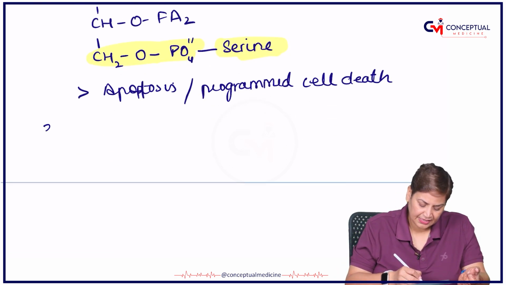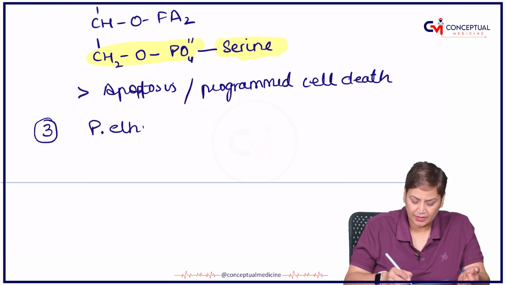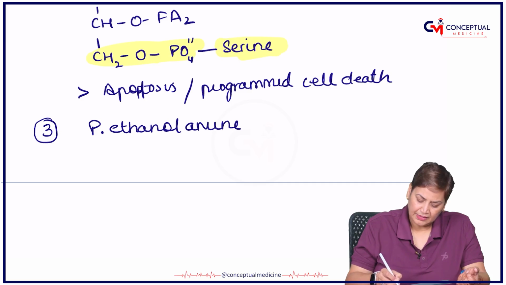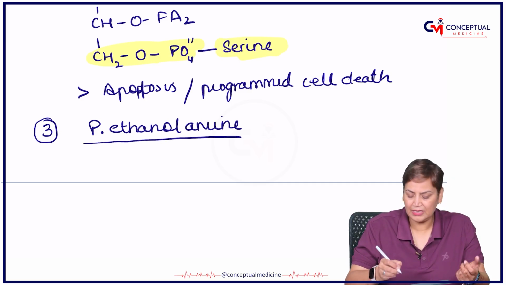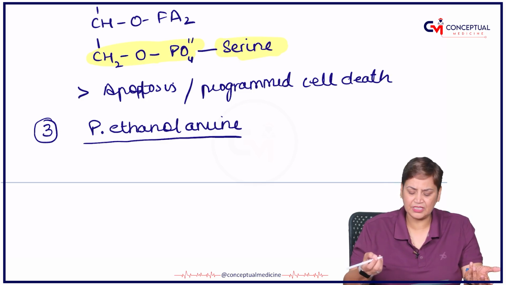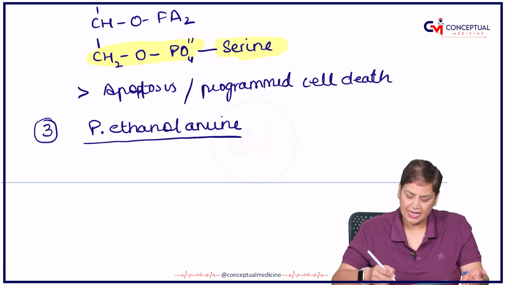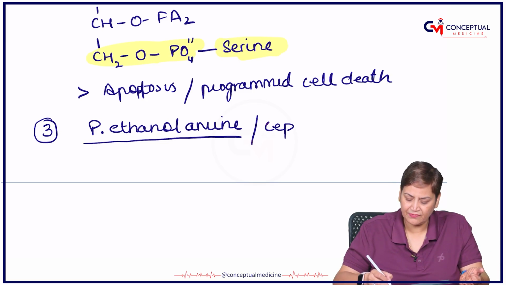Then third is phosphatidylethanolamine. This phosphatidylethanolamine, again everything will be same except instead of serine, ethanolamine will be present, and it is also known as cephalin.